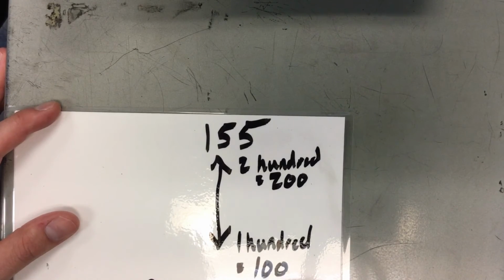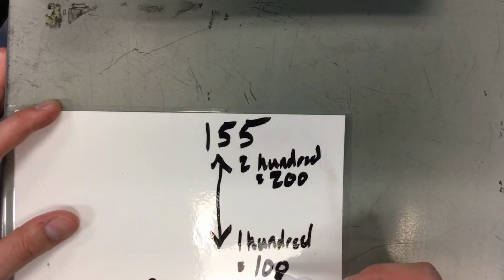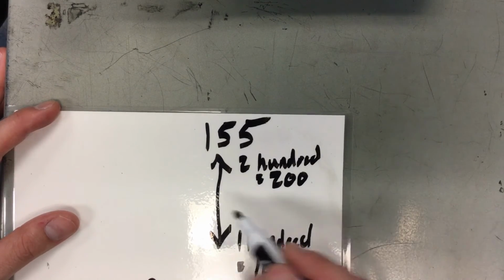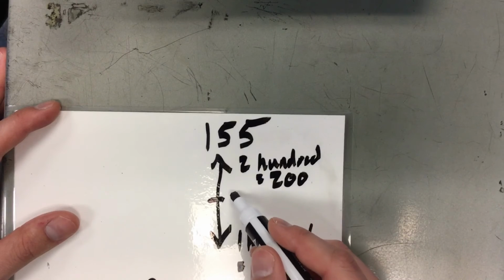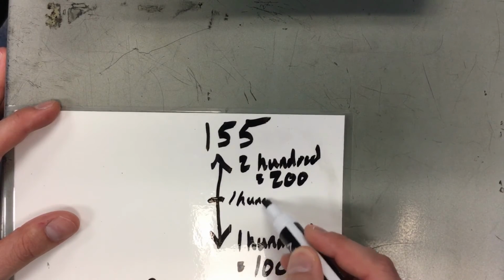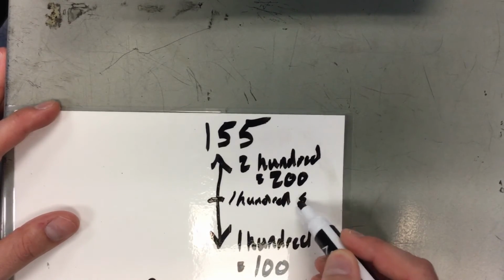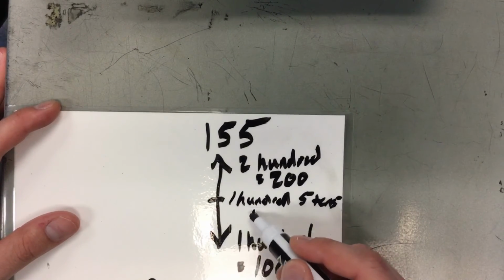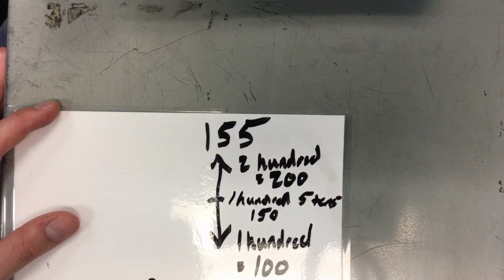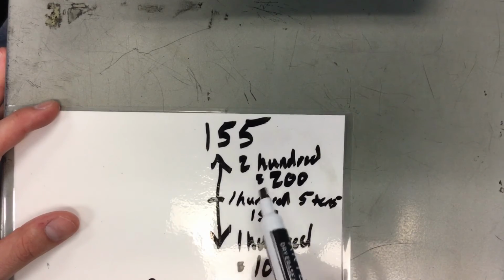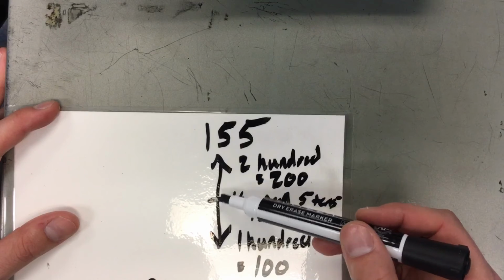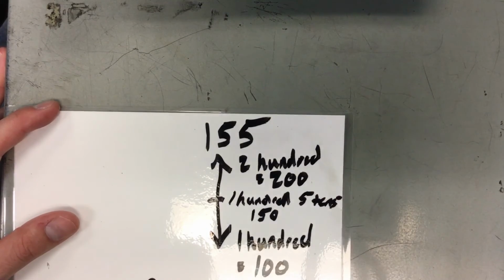Now let's find the midpoint in this one. So the midpoint would be exactly in between 100 and 200 when I'm rounding to the nearest hundred. That would be 100 and 5 tens. So 105 tens is equal to 150. So now looking at my number line, where does 155 lie? Looking at my midpoint, does it lie on the midpoint, above the midpoint, or below the midpoint?